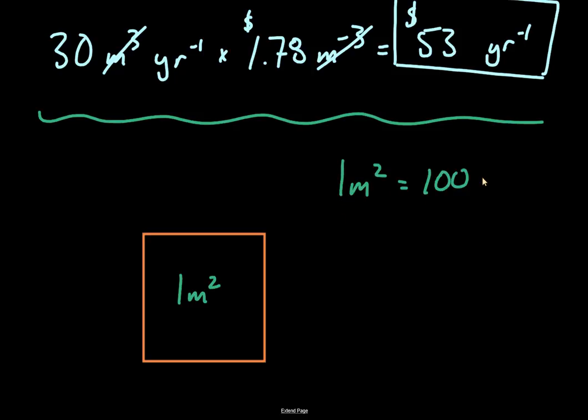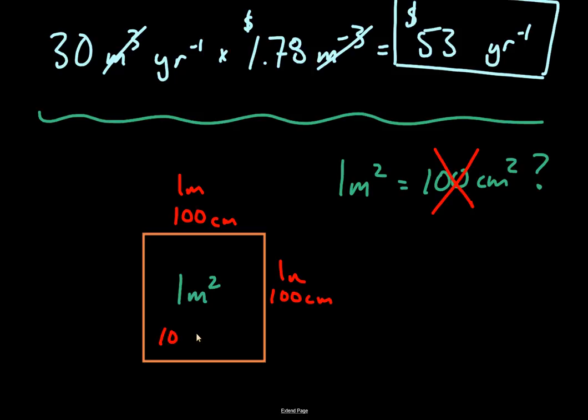Is it 100 centimeters squared? It is not. And it's often a mistake that people do a direct conversion here. It's not how it works. You have to realize that each side of this thing is 100 centimeters, right? If it's 1 meter on a side, then each side is also 100 centimeters. So you're actually talking about 100 times 100 or 10,000 centimeters squared.